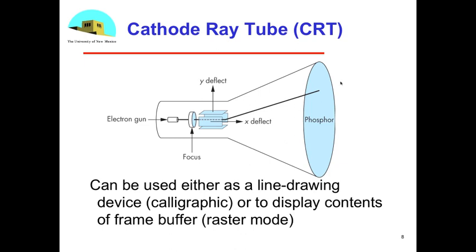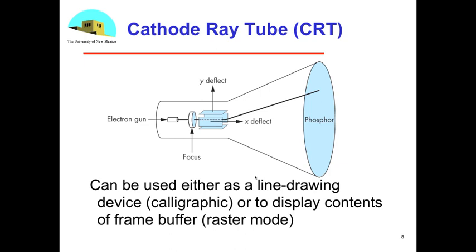So the electron gun was sweeping across the phosphor 60 or so times a second, which was necessary because the phosphors emit light for a very short period of time, so they need to be re-energized or refreshed at those kinds of rates.